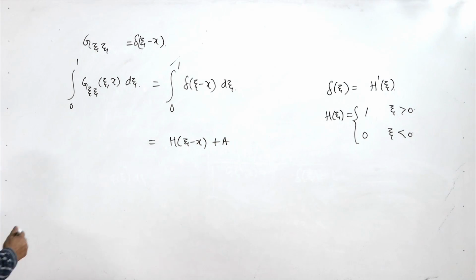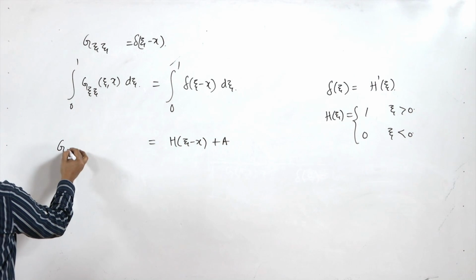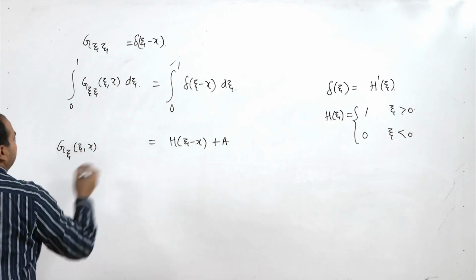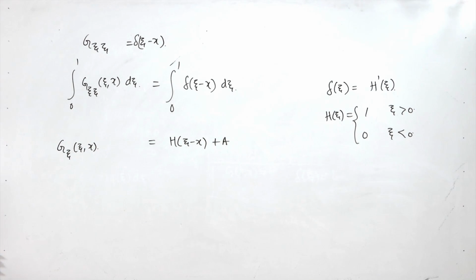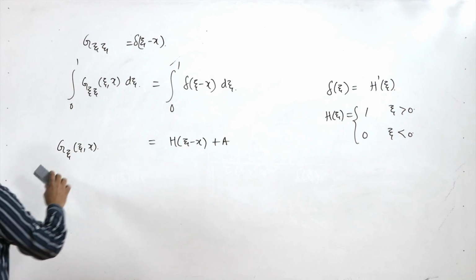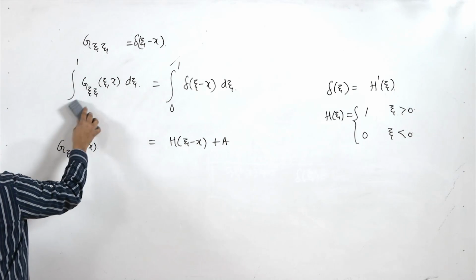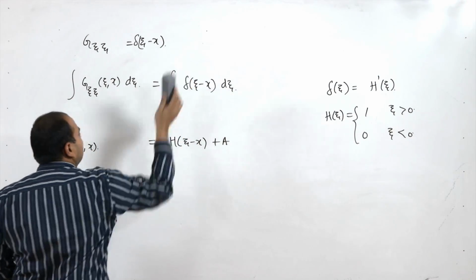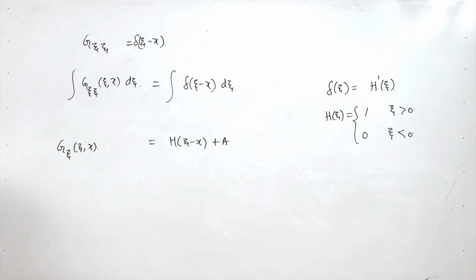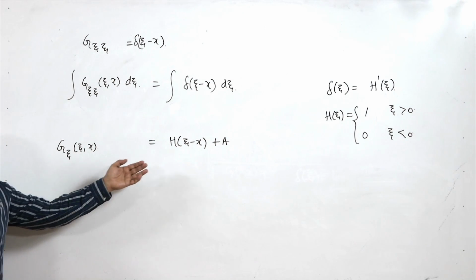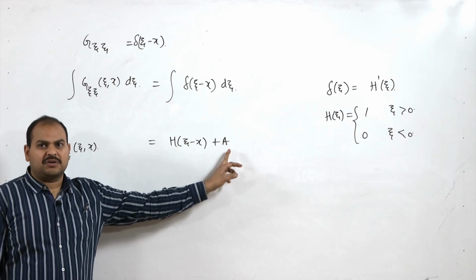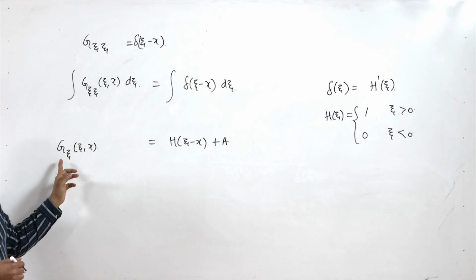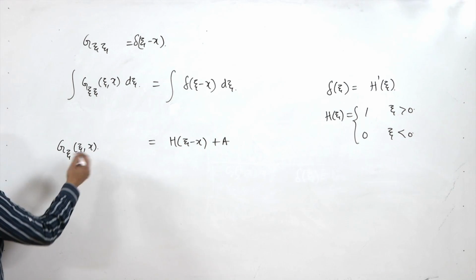So this is nothing but g_ξ(ξ, x) given by this. I am not putting the limits 0 and 1; we are simply integrating as an indefinite integration, and that is why I am putting this integration constant a. Now we want to find g(ξ, x) only, so integrate one more time.